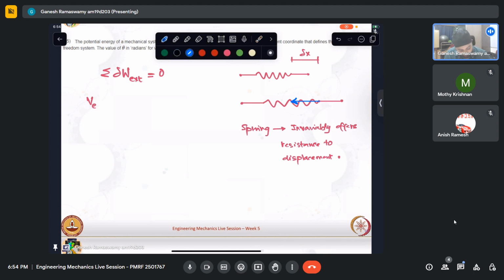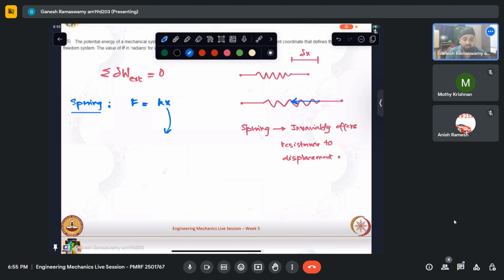Now, in case of a spring, we know that force in a spring is given by kx, where k is the stiffness, x is the actual displacement. Now a spring anyway will have some original length, and at that original length, there is no force in the spring.